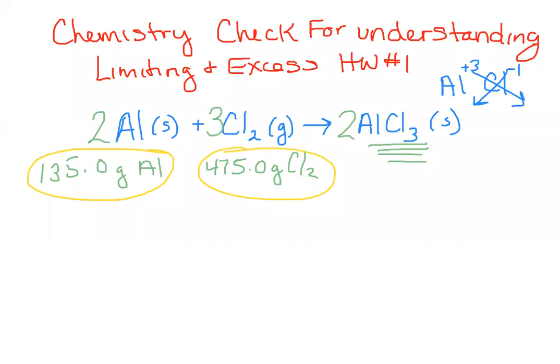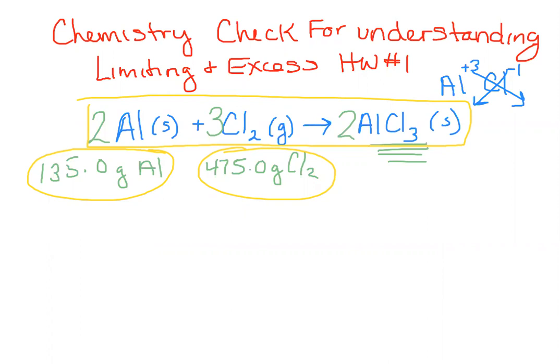Okay, so look at the question. It says, write the balanced equation. We did that. I did that for you. Determine the limiting reactant and determine how much excess reactant will be left over. So we have to do 3 things.